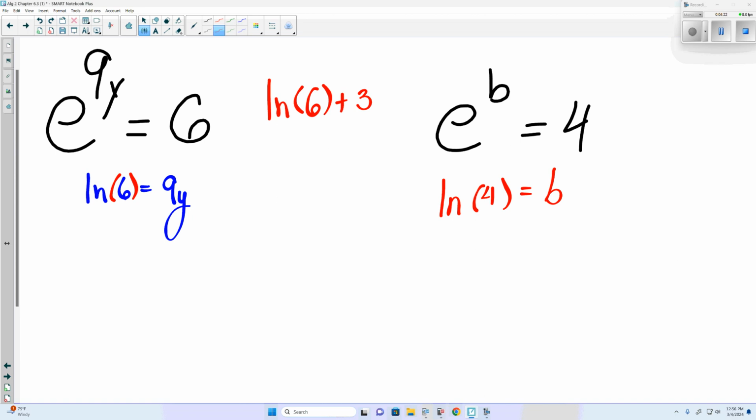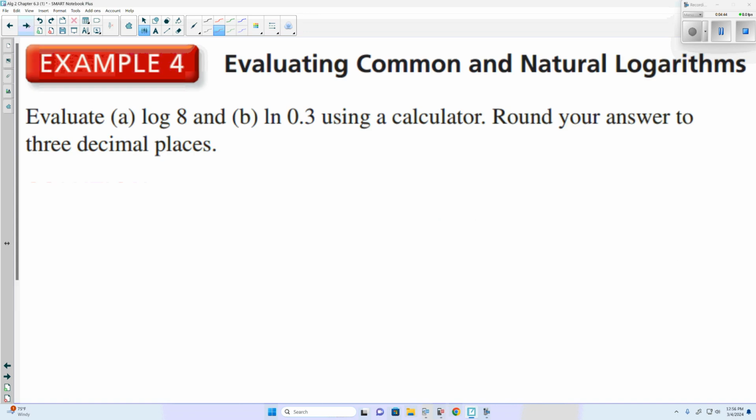If we want to signify that the 6 and 3 are put together, then we have to put parentheses around it. So if there are no parentheses, just the term after it is part of the natural log. Whatever is beyond that is not. So any questions on this so far?